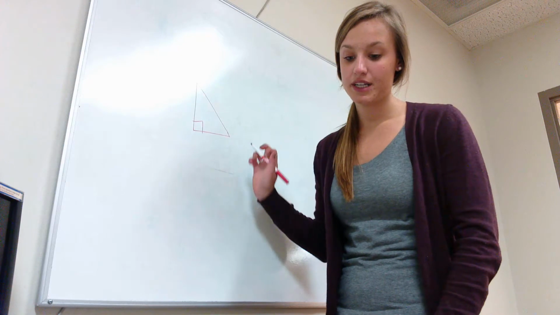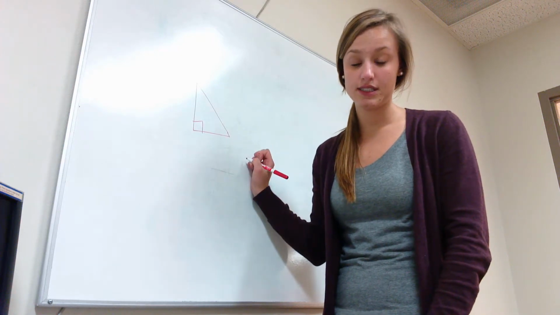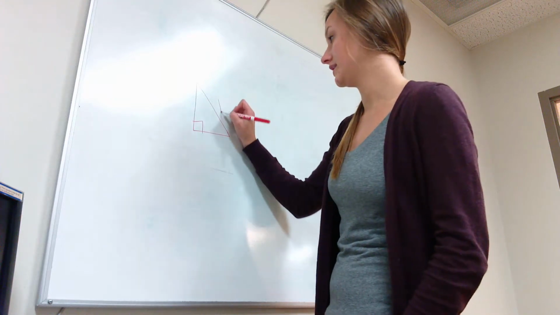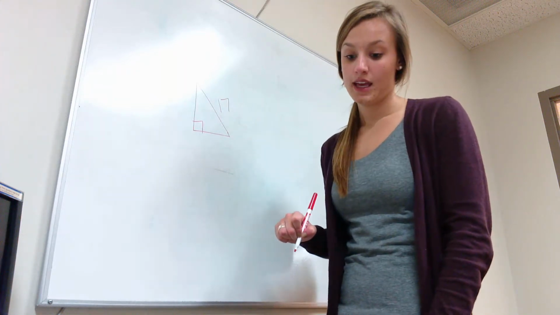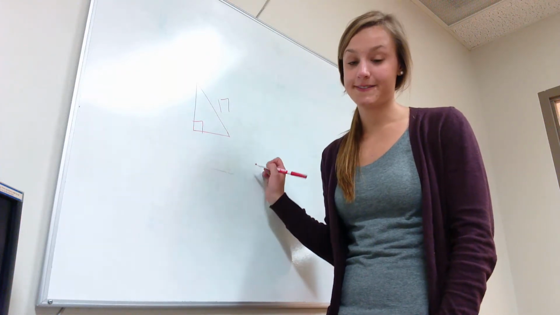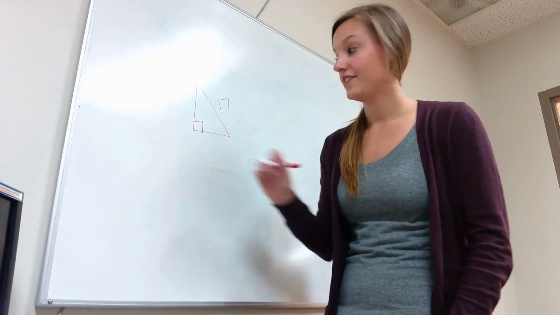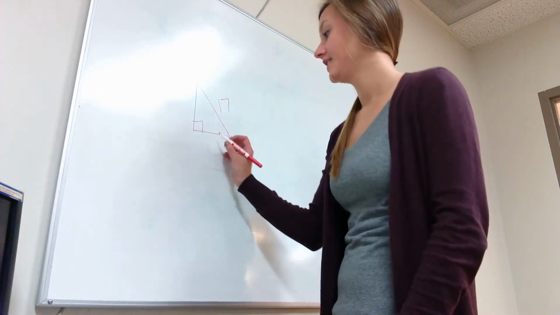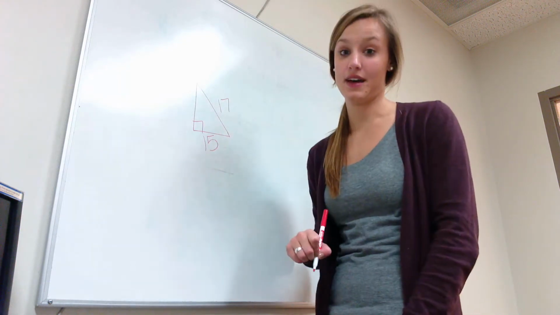For this right triangle, we know that the hypotenuse is 17, and the hypotenuse is the side across from the right angle, so we know that this is 17. And then we know that one of the legs is 15. Now, again, 15 could go here, or it could go here. It doesn't matter. So we're going to pick to put it on the bottom.